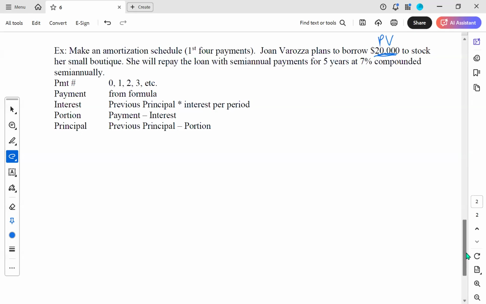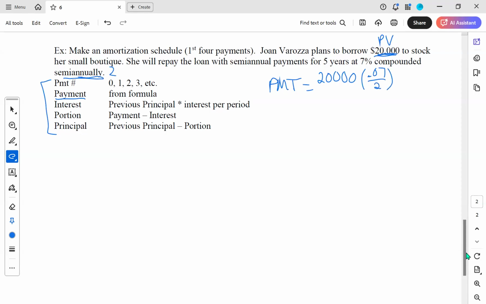Before I can set up an amortization schedule, I have to find out what this payment is going to be. These are the top titles of that amortization schedule. So in this case, I'm going to go ahead and do my payment equals, using the same formula, 20,000 times our 0.07 divided by 2, because we're doing this semi-annually.